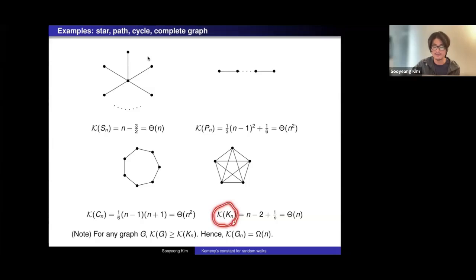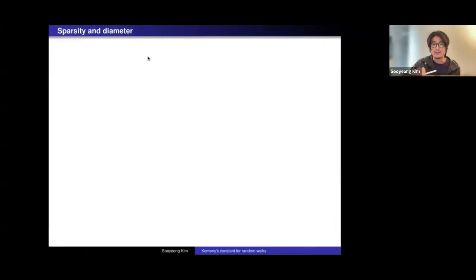So for any graph, it is greater than or equal to Kemeny's constant of the complete graph. This means Kemeny's constant of any graph is big omega of n, right? Any questions?